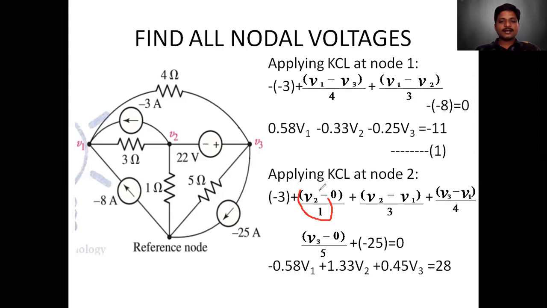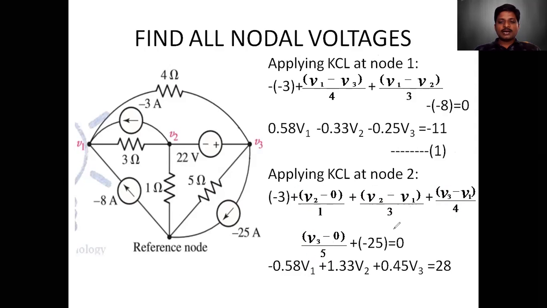V2 by 1, here V2 by 3, so that will give you 1.33 V2. Next, the V3 terms. V3 by 4 means 0.25 V3, plus V3 by 5 means 0.2 V3. So 0.2 plus 0.25 will give you 0.45 V3.